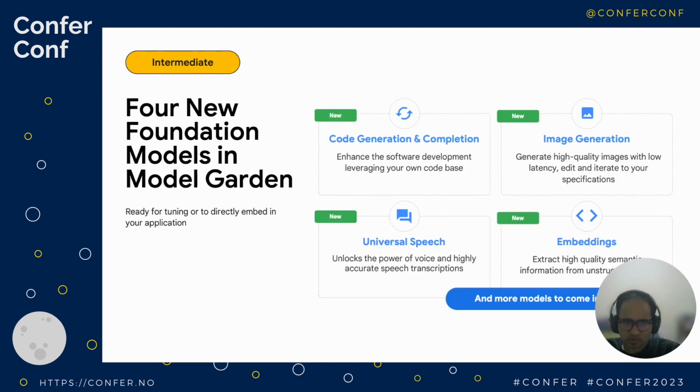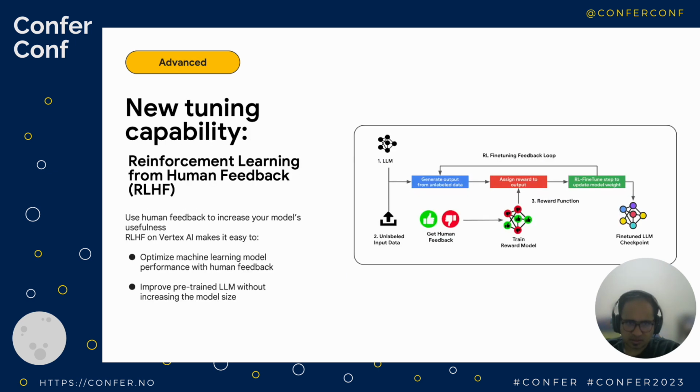There are 4 new foundational models in the Model Garden: the code generation and completion, also called Codey, which has been trained on the foundational model of PaLM 2. Then you have Universal Speech, embeddings, which are interesting for all the LLM tasks, and image generation, like Imagen. The advanced part of this is that now you have tuning capabilities on top of that.